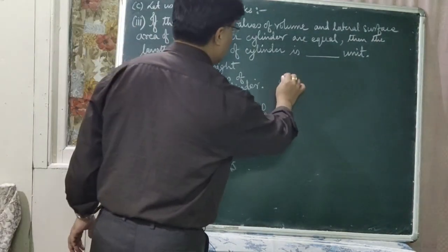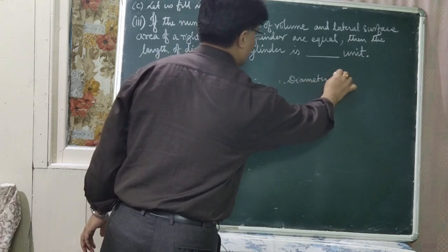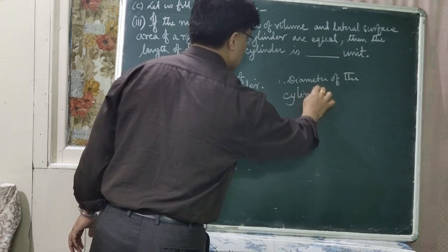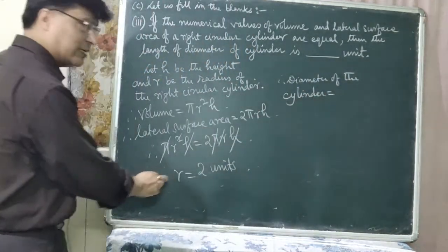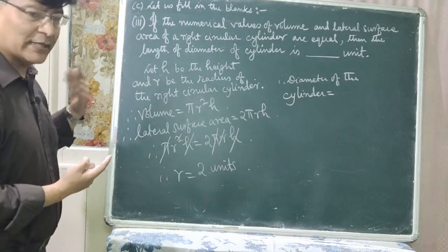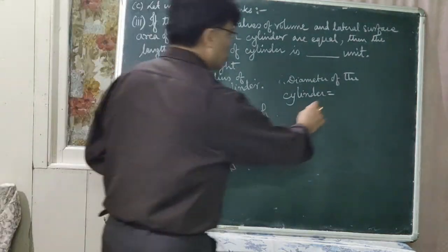So therefore diameter of the cylinder is equal to twice r, and the radius is 2 units. If you double it, it will give you the diameter of the cylinder, that is twice r.